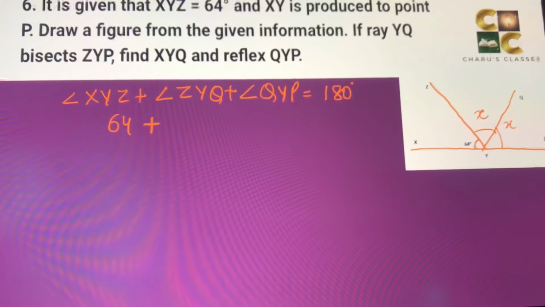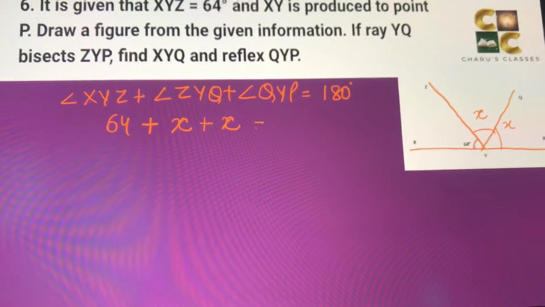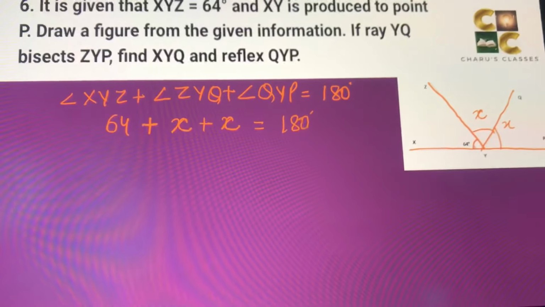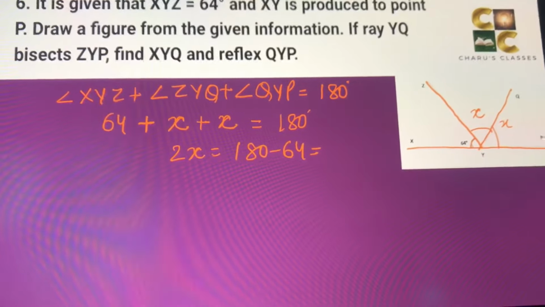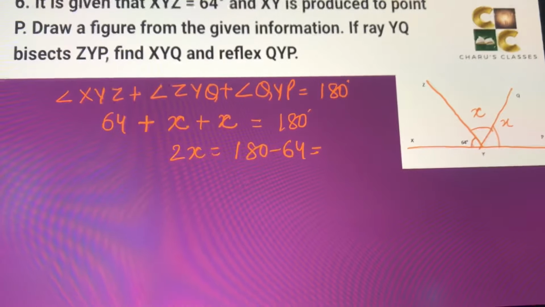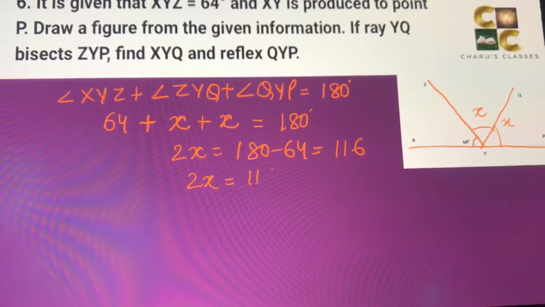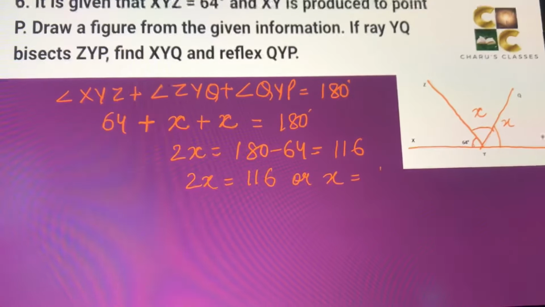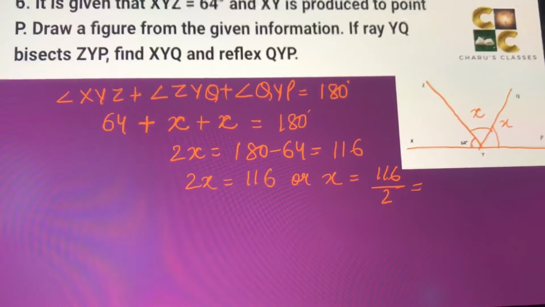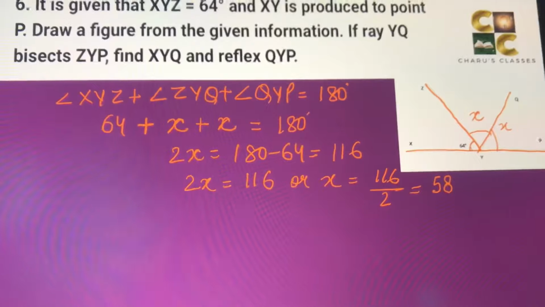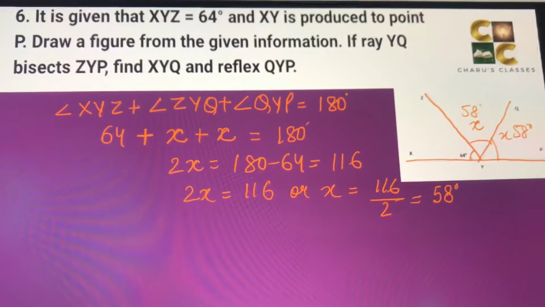So 64 degrees plus x plus x is equal to 180 degrees. Or I can write 2x is equal to 180 minus 64, which will be 116. 2x is equal to 116, or angle x is equal to 116 by 2, which is 58 degrees.